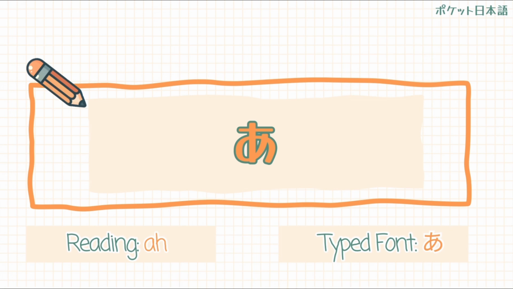So this character here is A. It's the first character of the hiragana chart. A. This character is I. I. U. U. E. E. O. O. Ka. Ka. Ki. Ki. Ku. Ku. Ke. Ke. Ko. Ko.